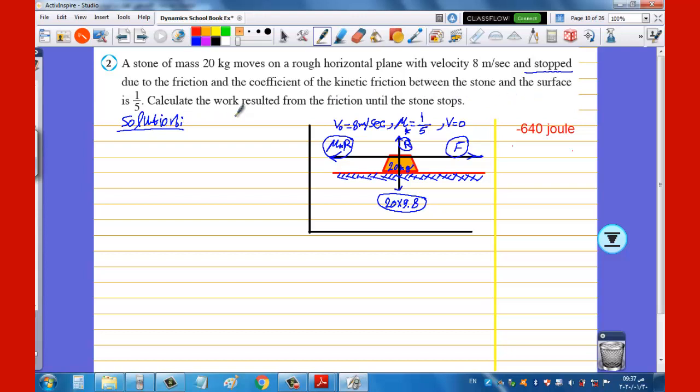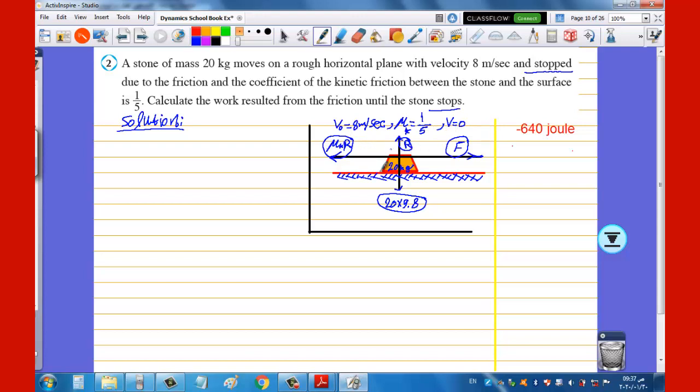Calculate the work resulted from the friction until the stone stops. So we have v naught, the initial velocity, equals 8 meter per second. The coefficient of friction, kinetic, because the body is moving, equals 1/5, and v equals 0. It is the terminal velocity.